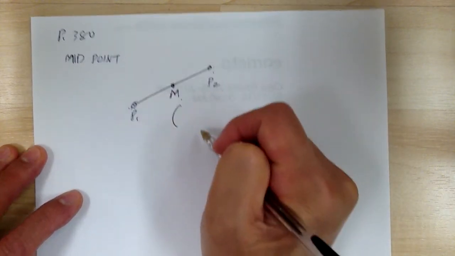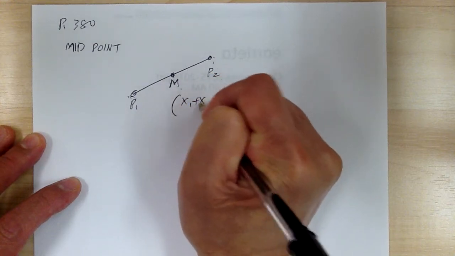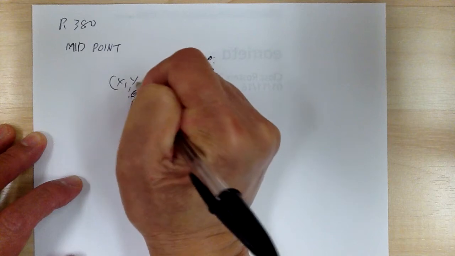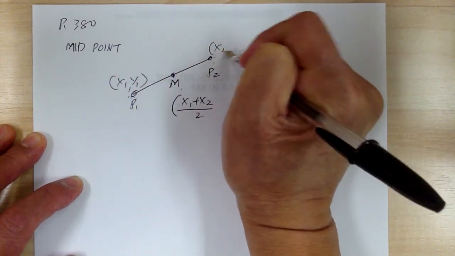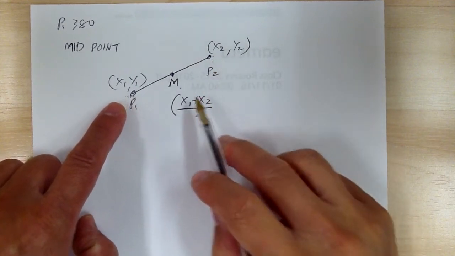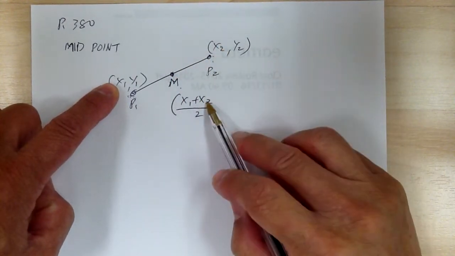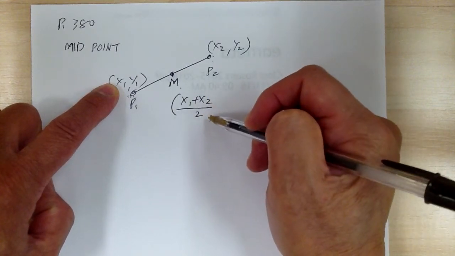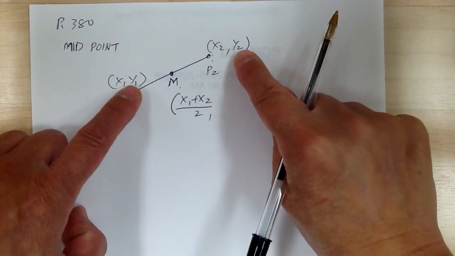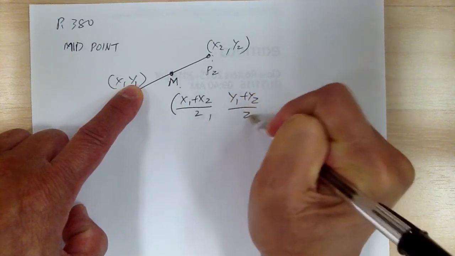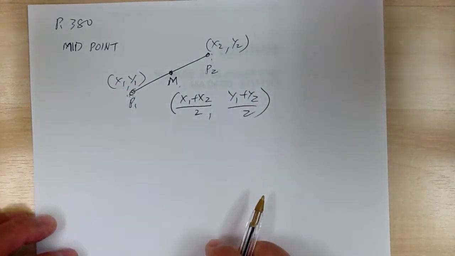So the midpoint coordinate would be x1 plus x2 divided by 2. This is your x1, y1. That's your x2, y2. So you add, and divide by 2 to find the x coordinate for the midpoint. To find y, again, you average the two. So you get y1 plus y2 over 2. And that's how you find the midpoint.